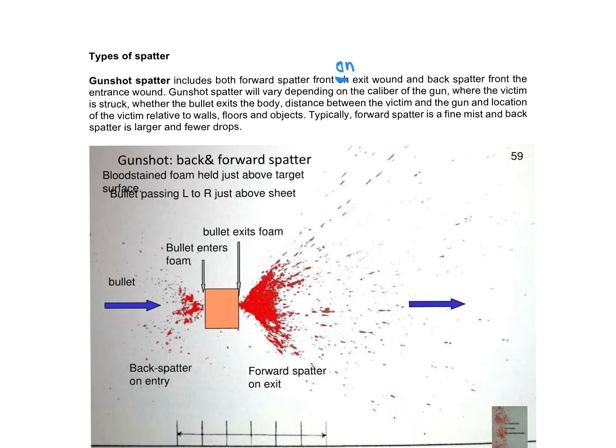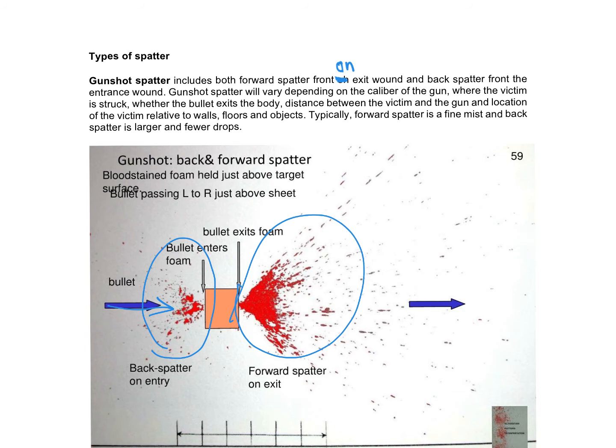Now, one of the projected stains would be gunshot splatter. There is the forward splatter, which occurs at the exit wound. So when the bullet enters from here, this is where it comes out from the body. This is called the forward splatter. The back splatter is the one at the entrance where the bullet enters the body.